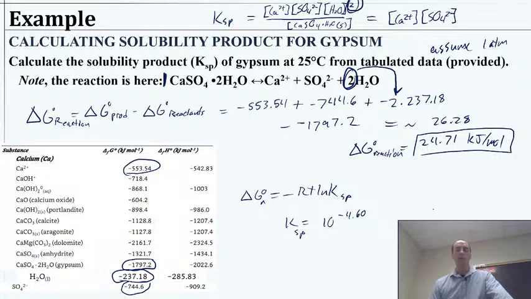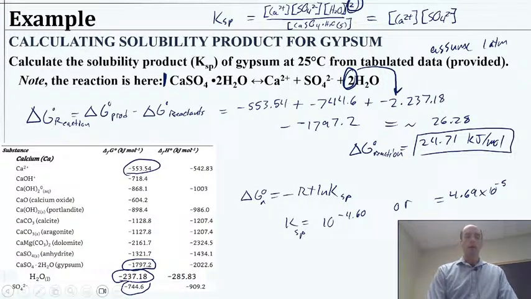So that's kind of why they left it in 10 to the minus. What did you guys get for that? Did you calculate that yet? 4.69 times 10 to the minus 5. Okay. Sounds right. And I can check to see how close the answer I had.